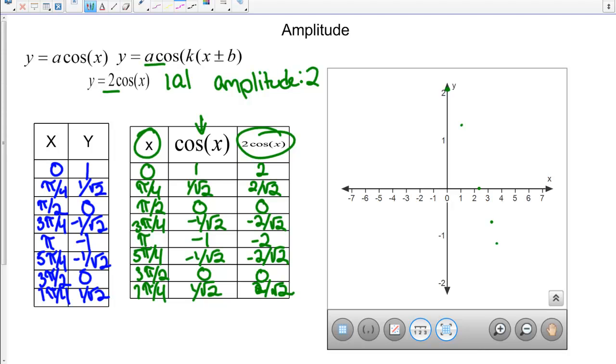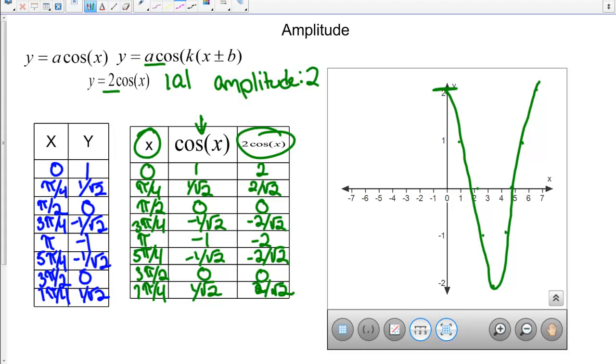When we graph these points, we are going to notice that we have our usual cosine graph, but it's been vertically stretched by 2.